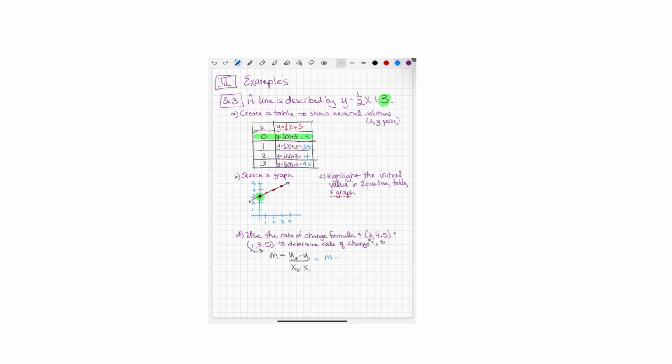Oops. And I'm going to plug in my points. Subtracting my y's. Subtract my x's. -1 on the top and -2 on the bottom.